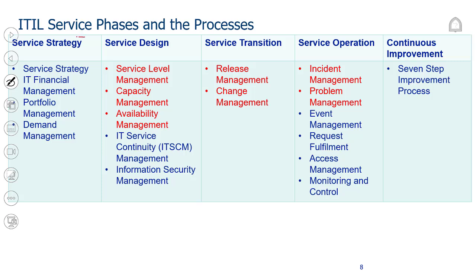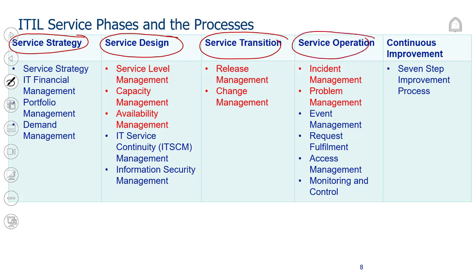We start with the service strategy. That's where we start, where we strategize. Then we go to the service design, then the service transition, then service operation, and then continual service improvement.